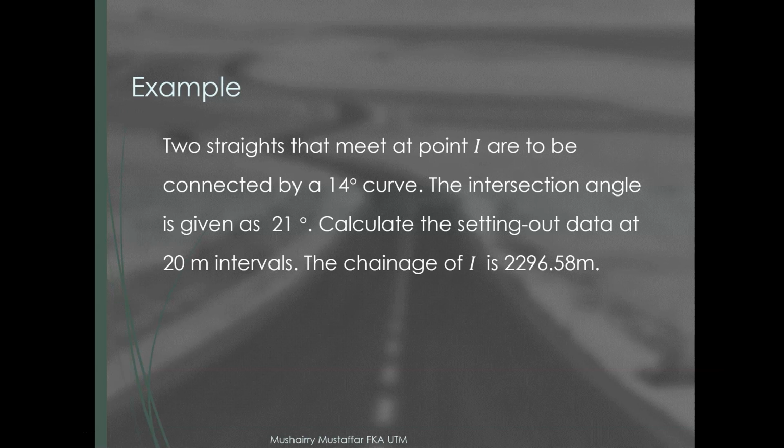Chainage of I is given as 2296.58. Okay, let's look at what we have now. You're given a curve where the degree of curvature is mentioned, 14 degrees. So there's no radius in here, which means that we need to calculate the radius. Then we also know that theta is 21 degrees, we were told that the interval is 20 meters, and chainage I is 2296.58.